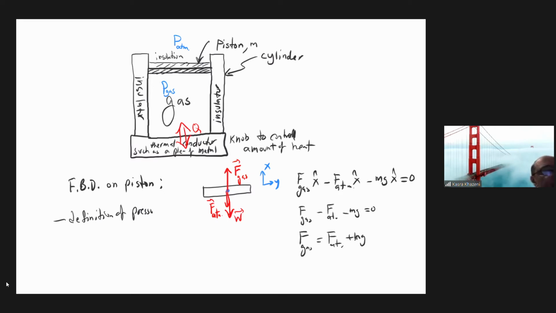What's the definition of pressure? Pressure is equal to what? What is the definition of pressure, guys? That's right. So what would be the force from that equation? Wouldn't it be pressure times area?